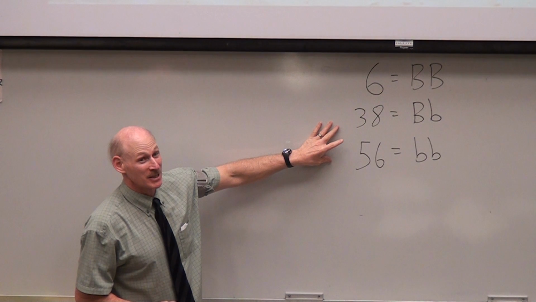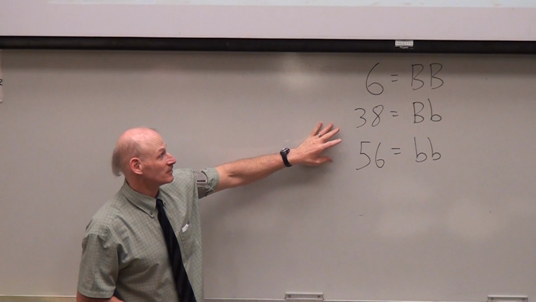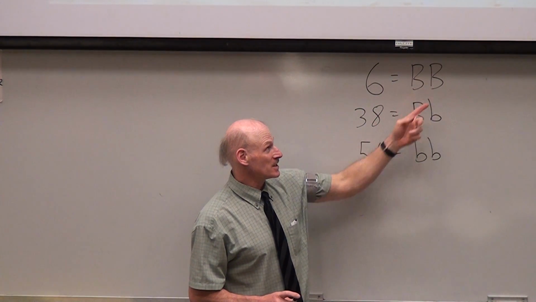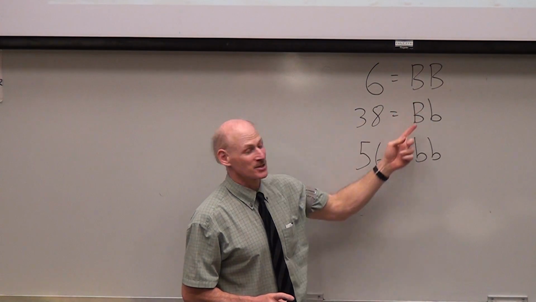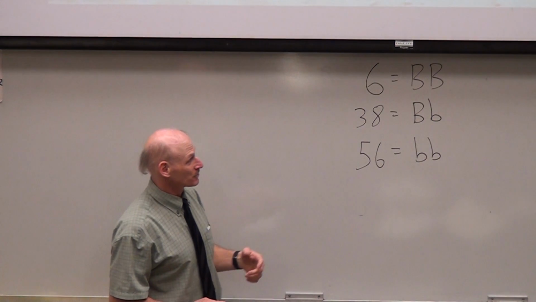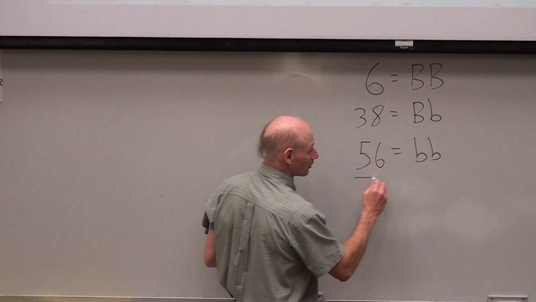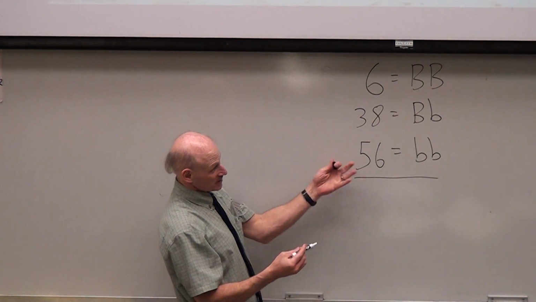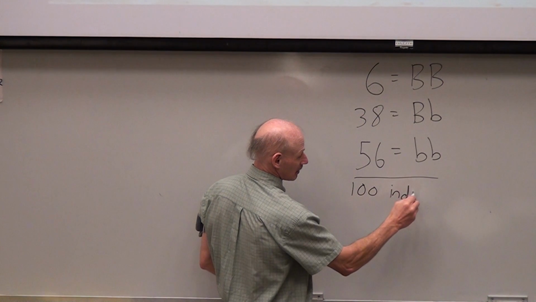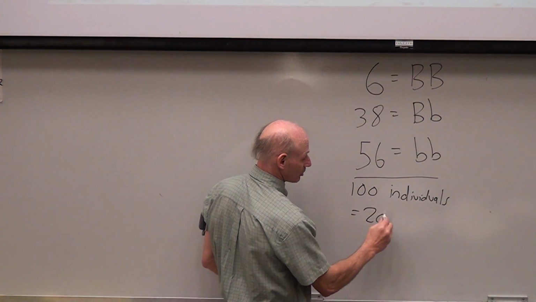Well, how many alleles does each individual have? 2, right. Every individual owns 2 alleles. They might be 2 big B's, or there might be 1 big B and 1 little b, or there might be 2 little b's. But each individual owns 2 alleles. So the grand total is twice the number of individuals. 100 individuals must equal 200 alleles total in the population.